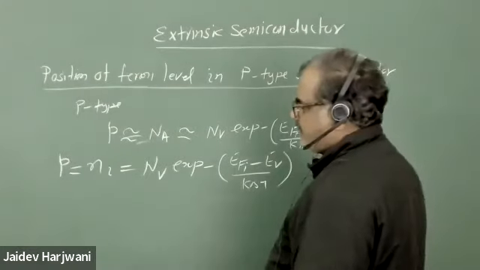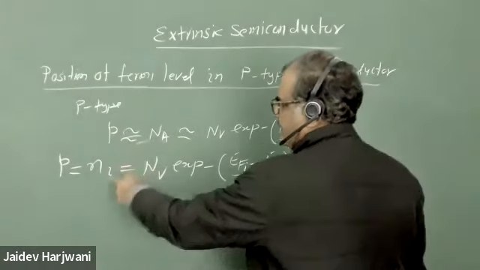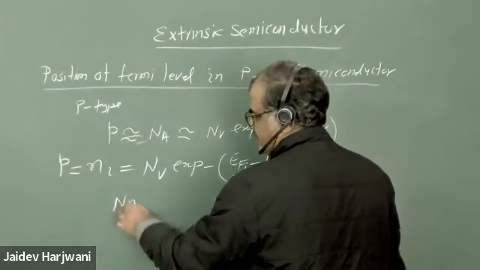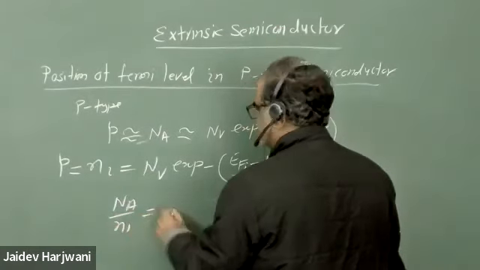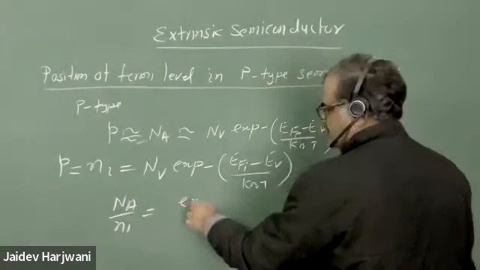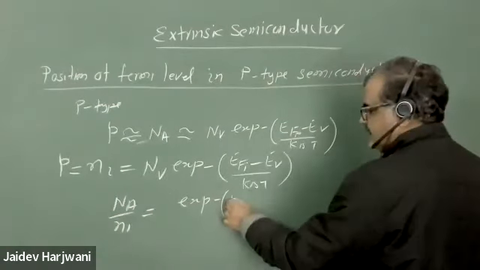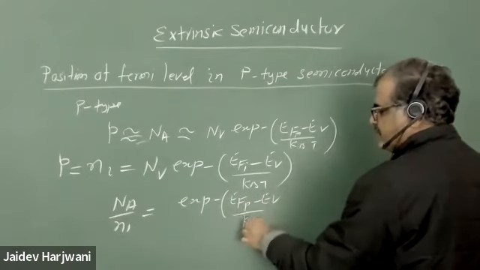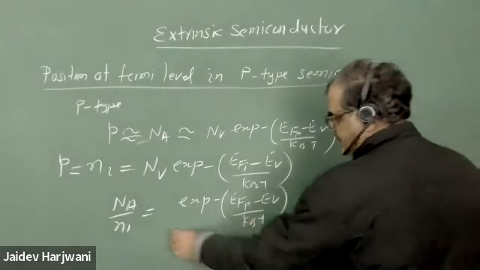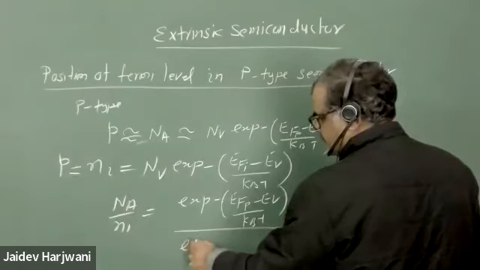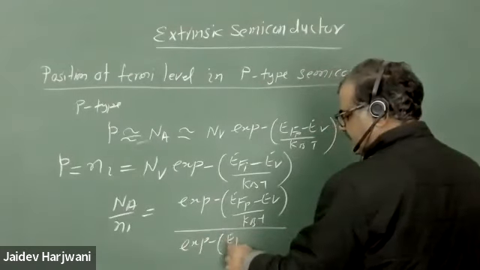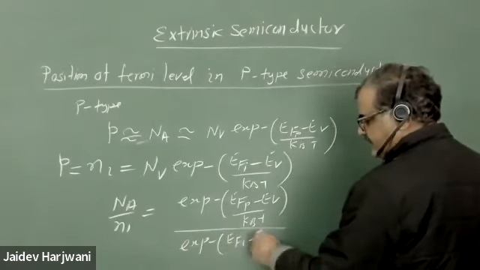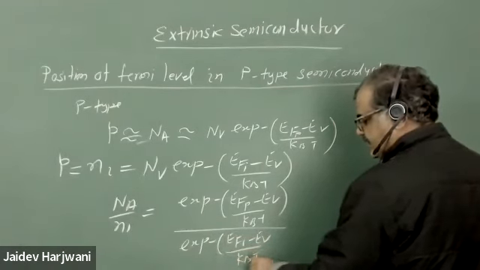So now you can bring the formula in terms of Na and Ni. So Na upon Ni equals exponential minus EFP minus EV upon KBT, and exponential minus EFI minus EV upon KBT.